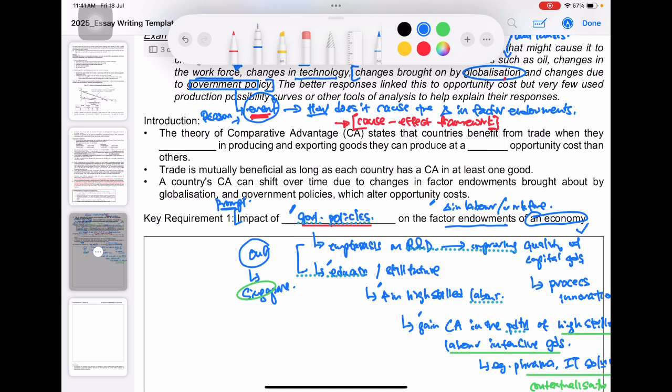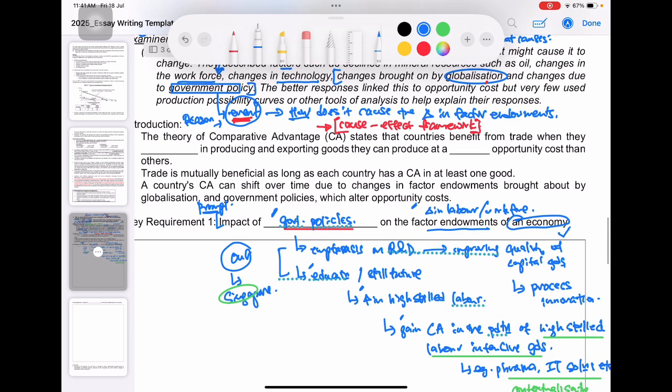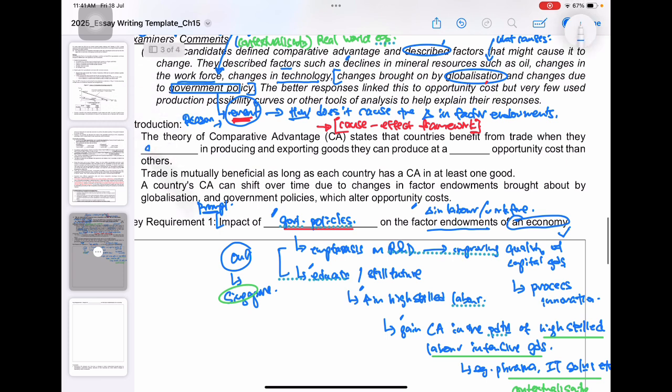So the introduction here mentioned that theory of CA states that countries benefit from trade when they specialize in the production and exporting of goods that they can produce at a lesser or lower opportunity cost than others.